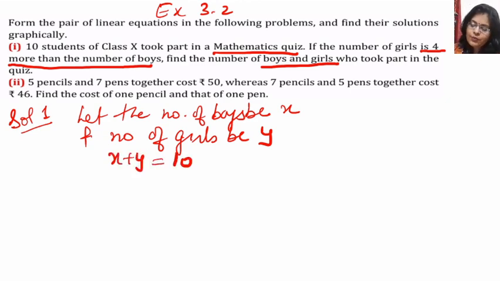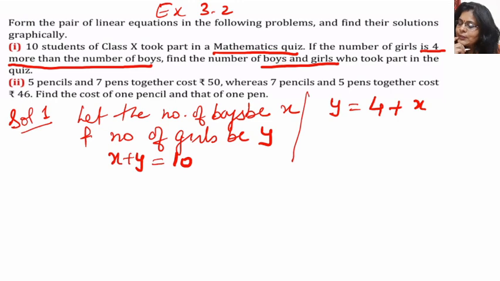First equation we have got. And about the second equation, what do we see? The number of girls is 4 more than the number of boys. So the number of girls y is 4 plus x. So we have got this equation. Two equations we have got.